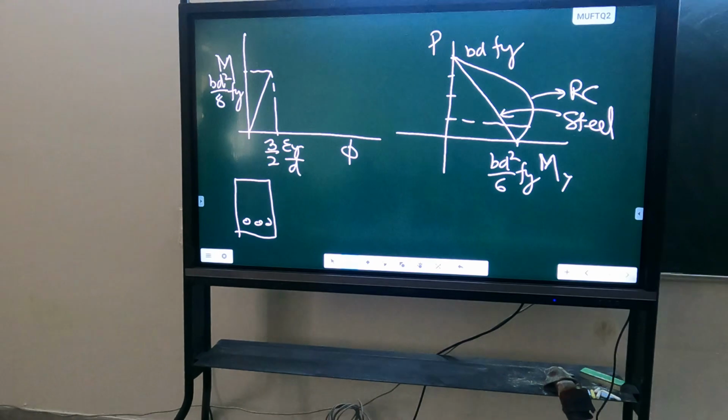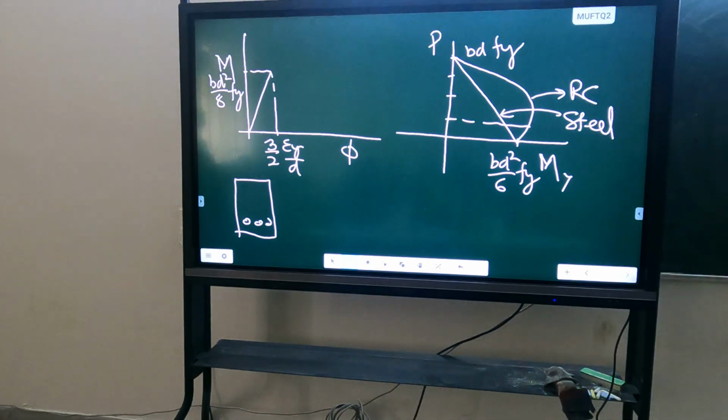We have to match compression and tension for equilibrium anyhow. In RCC, that equality is matched by shifting of the neutral axis. When you apply axial force, the neutral axis has to shift towards the tension side. And in case of steel, due to the cross-section area property, we can manage strength.